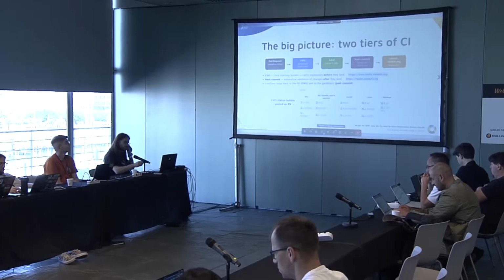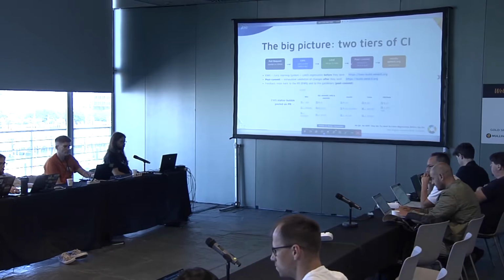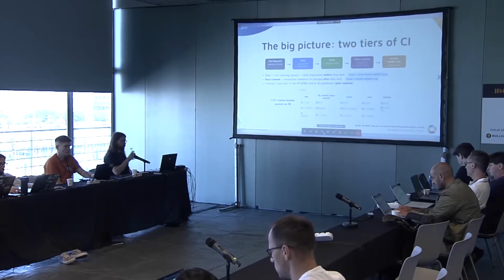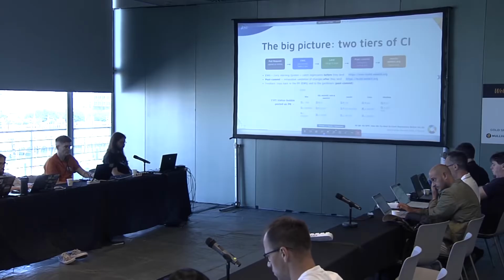So the big picture: 2 tiers of CI. Whenever you open a pull request on GitHub to make a change to WebKit, first of all, that change goes through the EWS system, the early warning system. The intent is to catch regressions before they actually land. You can see here a screenshot of the so-called EWS status bubble, which is posted on every pull request. In that particular bubble, you can see it includes various tests, for instance, whether you correctly stick to the coding style, whether there are any regressions in the Perl tooling, Python tooling, whatever.